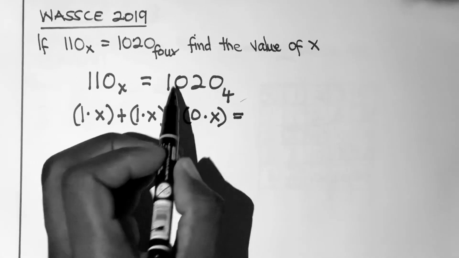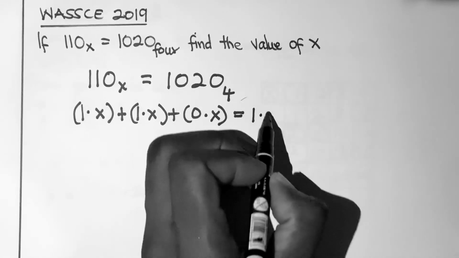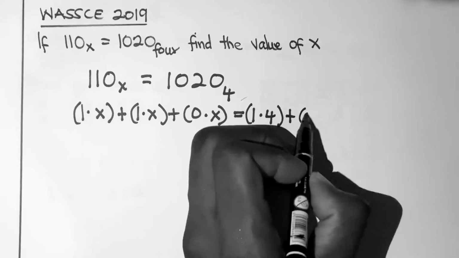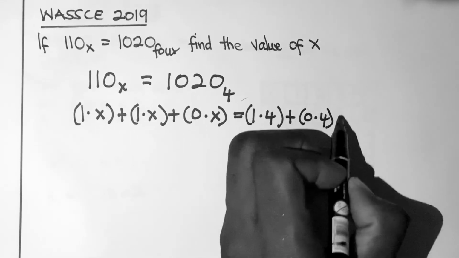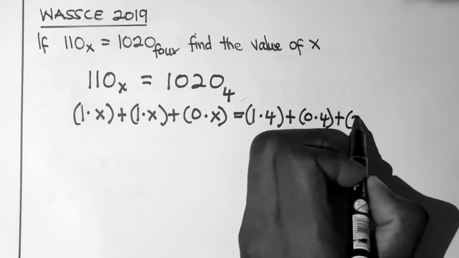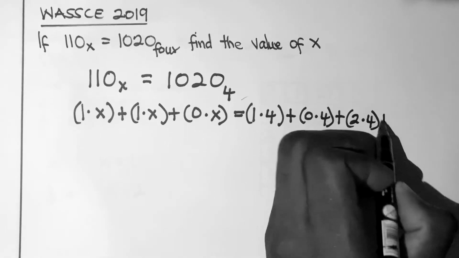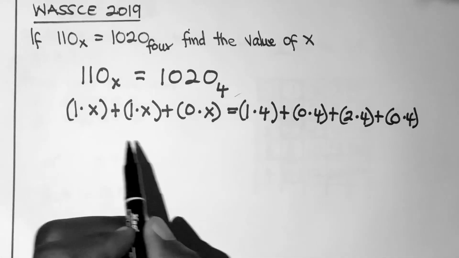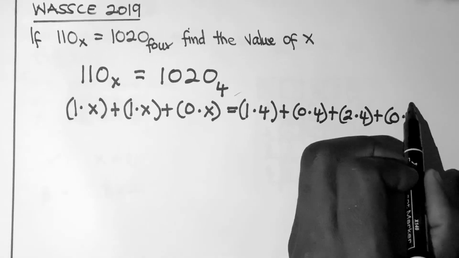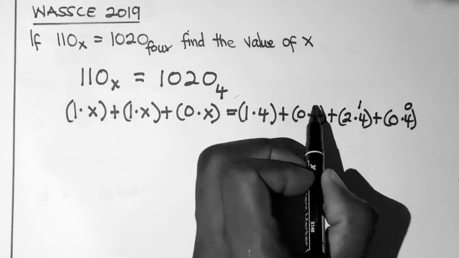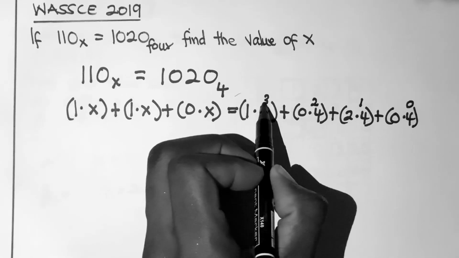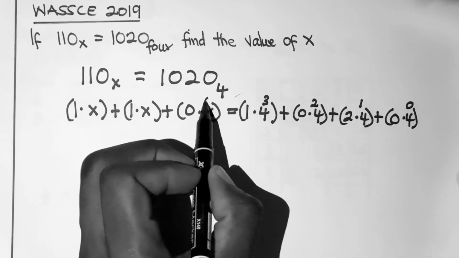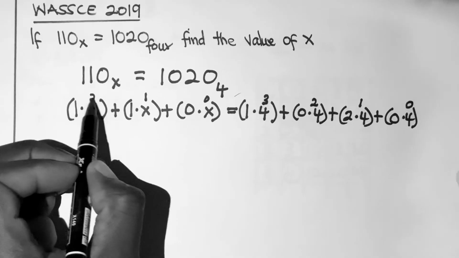Then this is equal to this 1 times 4, then plus this 0 times 4, then plus this 2 times 4, then plus the last 0 times 4. So now what we'll do is that starting from here becomes 0, 1, 2, and then 3. Then this is also a different term. So here becomes 0, 1, and then 2.